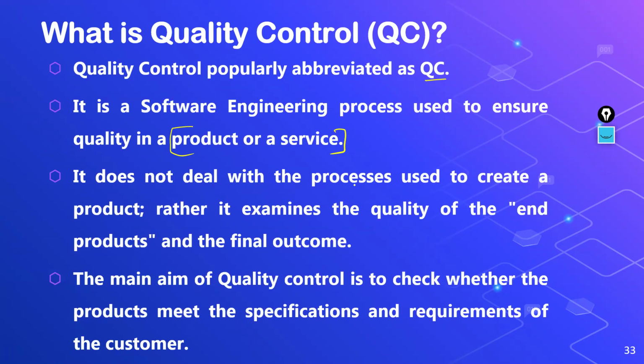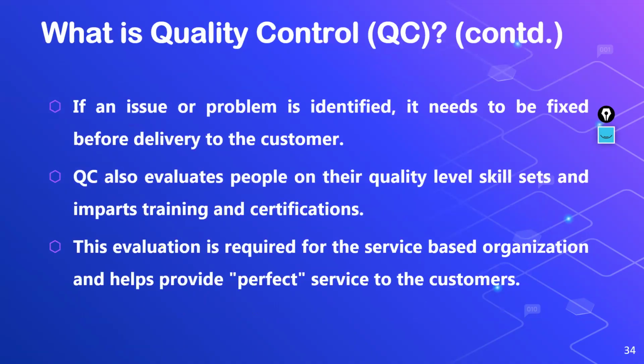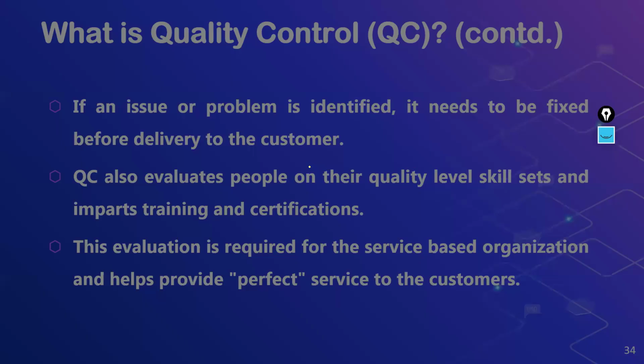So you have nothing to do with the process here, but you would go with the quality of the end product examination, right? That is how we go ahead with the quality control. And if this is properly identified, then QC will simply evaluate the people on their quality level skill sets, and it will impart training inside. It is also the quality of people as well.